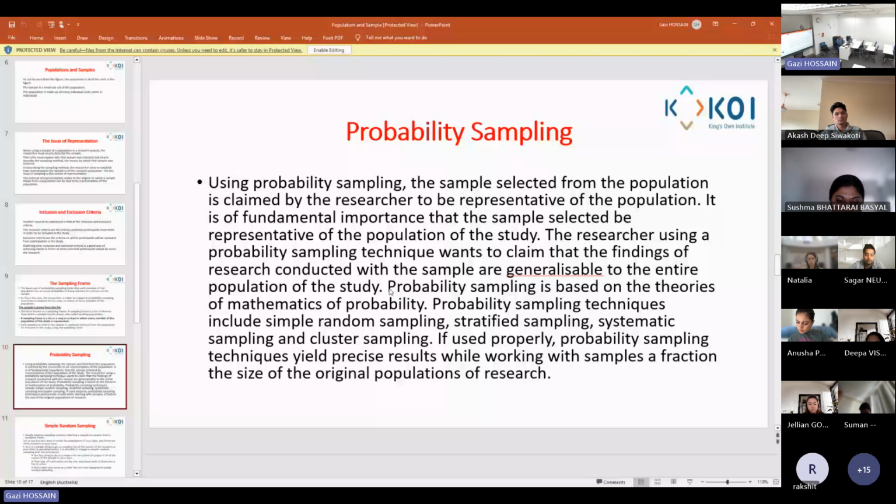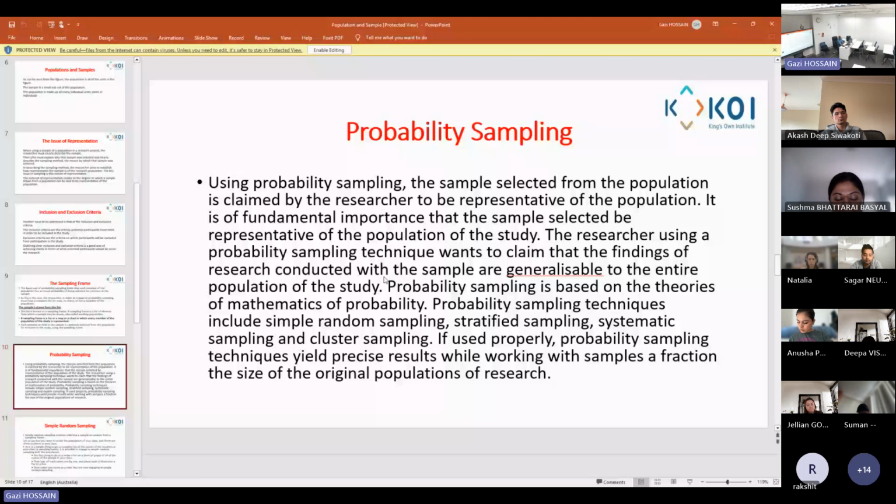Therefore, when we are collecting data, the results of our research must be generalizable to the entire population of the study. If it is very narrow, if it is non-generalizable, then we can't make the claim that this is the situation for every international graduate in Australia.